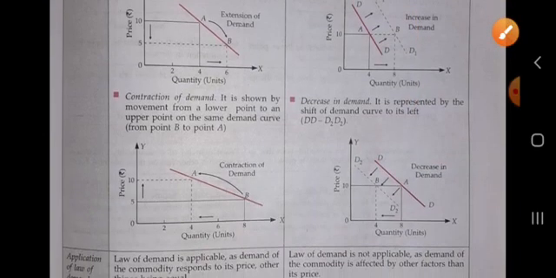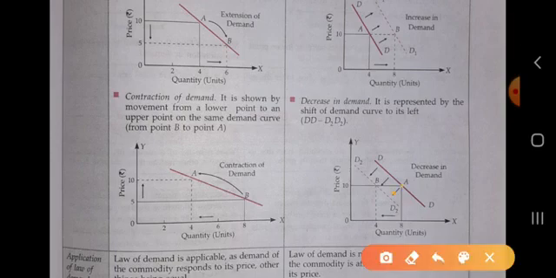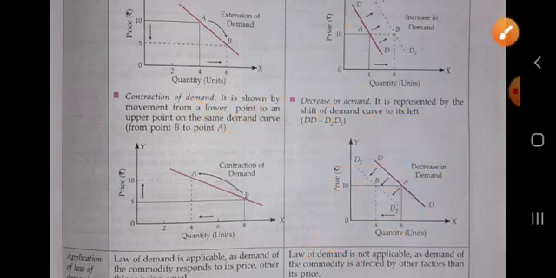In the case of decrease in demand, the curve is shifted from point A to point B, from rightward to leftward, from D to D1. We have taken price here and quantity here. Simple. So at the same price, the consumer is consuming less of the commodity.